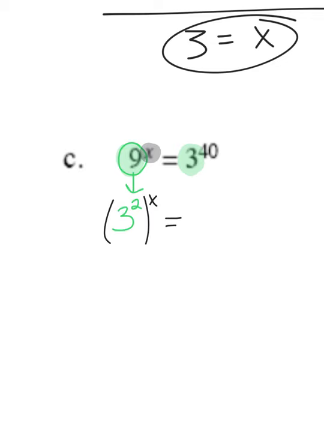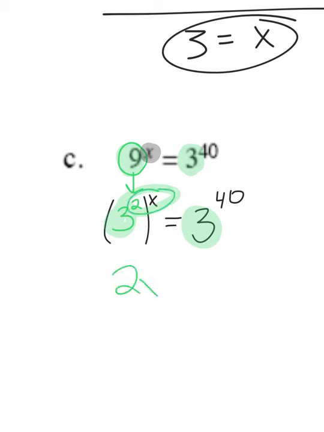And on our other side, we have the 3 to the 40th. Now the bases are the same, 3 and 3. So we're going to look inside those exponents and make the exponents the same or equal. To do that, reminder exponent rules, when you have parentheses, an exponent with another exponent, they just get multiplied together.